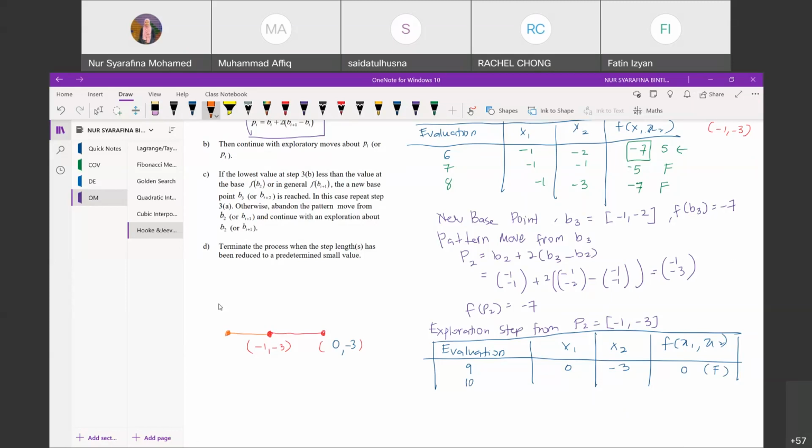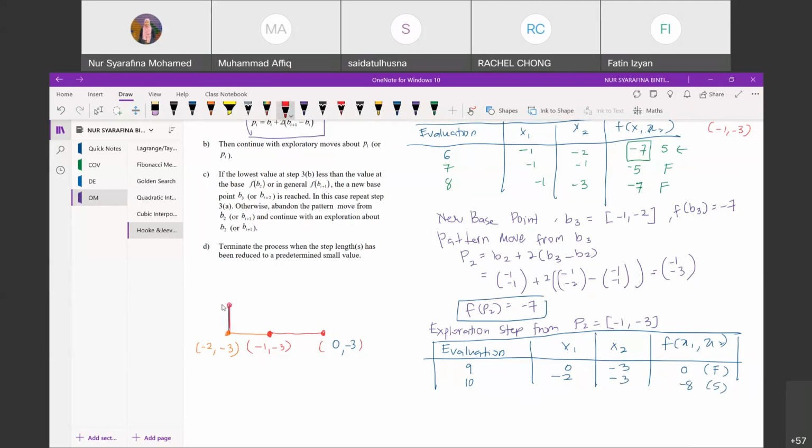So now it becomes -2, -3, right? Okay, so -2, -2, -3 will give you -8. This is considered success from this one.